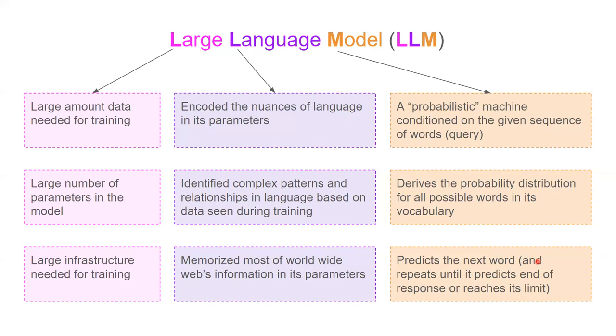So let's understand the steps that are involved in coming up with an assistant useful for people to interact with, let's say like ChatGPT. Let us imagine that there is a restaurant owner, and the restaurant owner is having chefs.